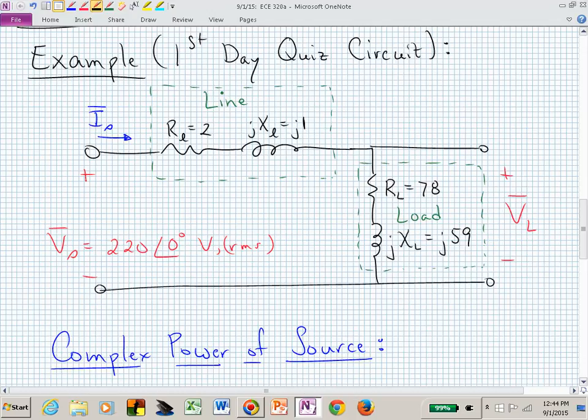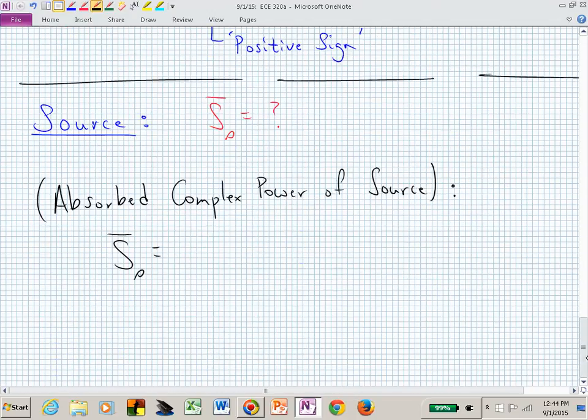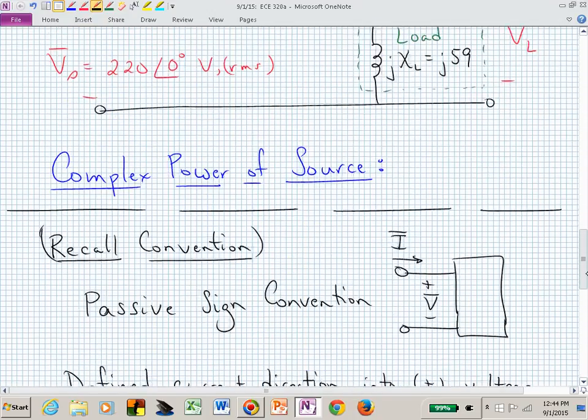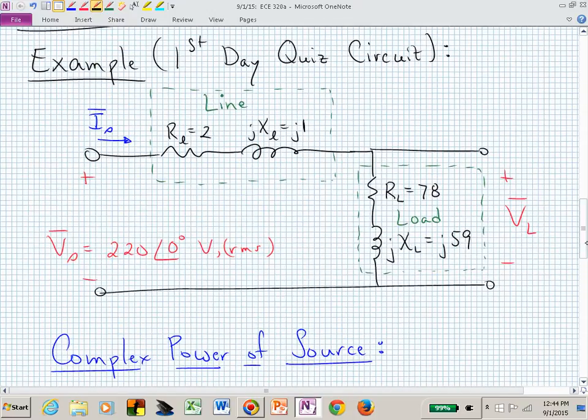Negative? Positive? I knew I could flip a coin on this one. So now it's the power absorbed by the source that we want to find. If it's absorbed, then I need that current arrow to be going into the positive terminal before it goes through the element. That's not happening with our source, is it?